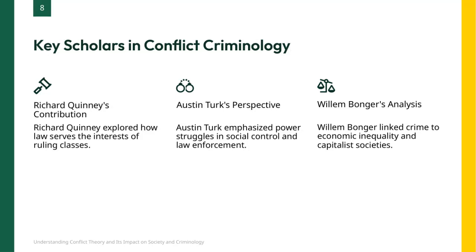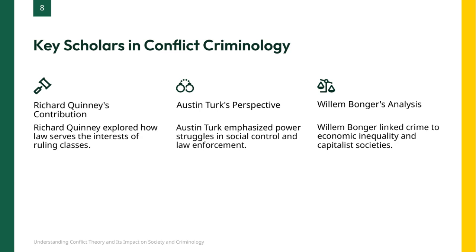Now, let's take a closer look at some of the key scholars who have shaped conflict criminology. First, Richard Quinney made significant contributions by highlighting how laws are not neutral but actually serve the interests of the ruling classes. He helped us understand that law can be a tool for maintaining existing power structures. Next, Austin Turk focused on the power struggles involved in social control and law enforcement.